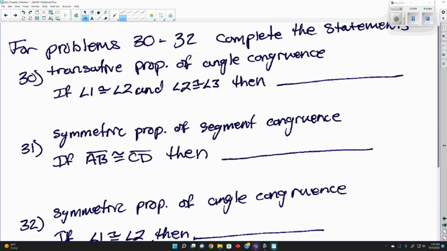Questions on 30 through 33. Questions on 30, 31, or 32. 30 what?